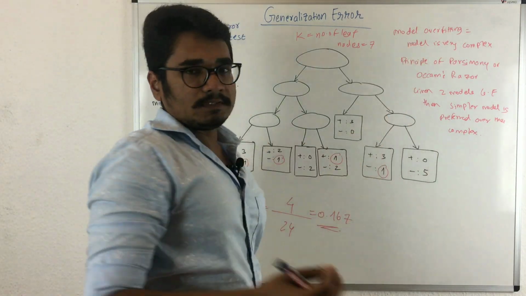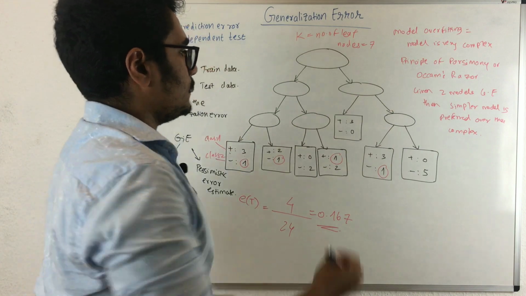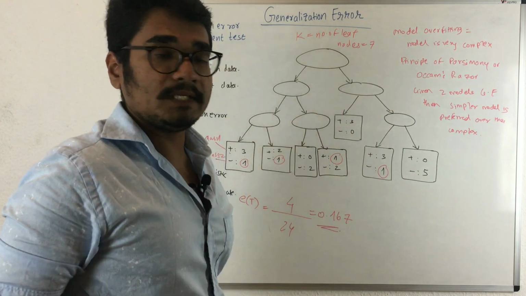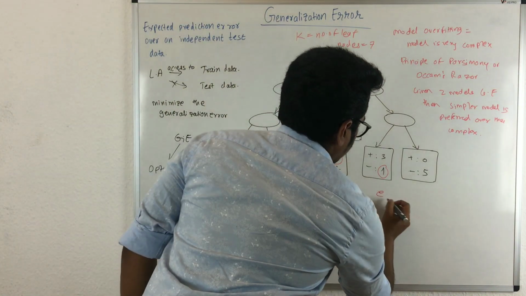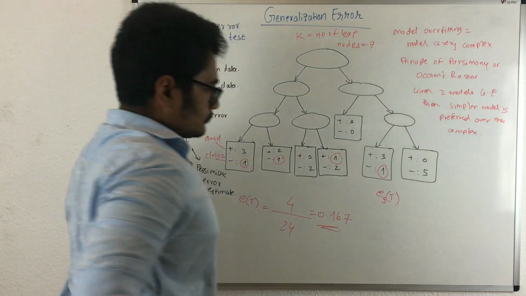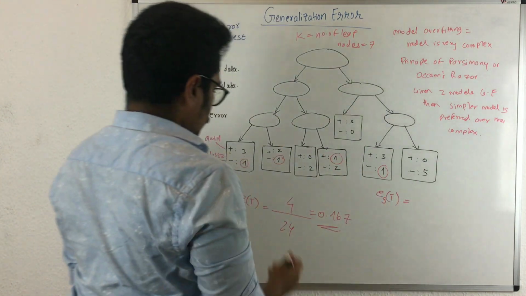Based upon this model complexity, you have the pessimistic error estimate. It is given by EG of t, and the formula is simple.